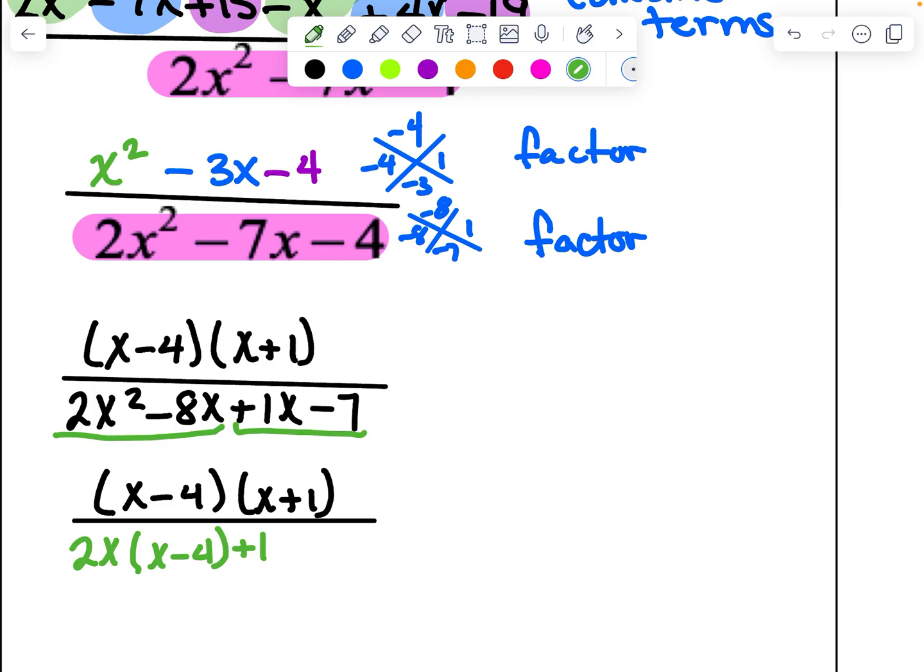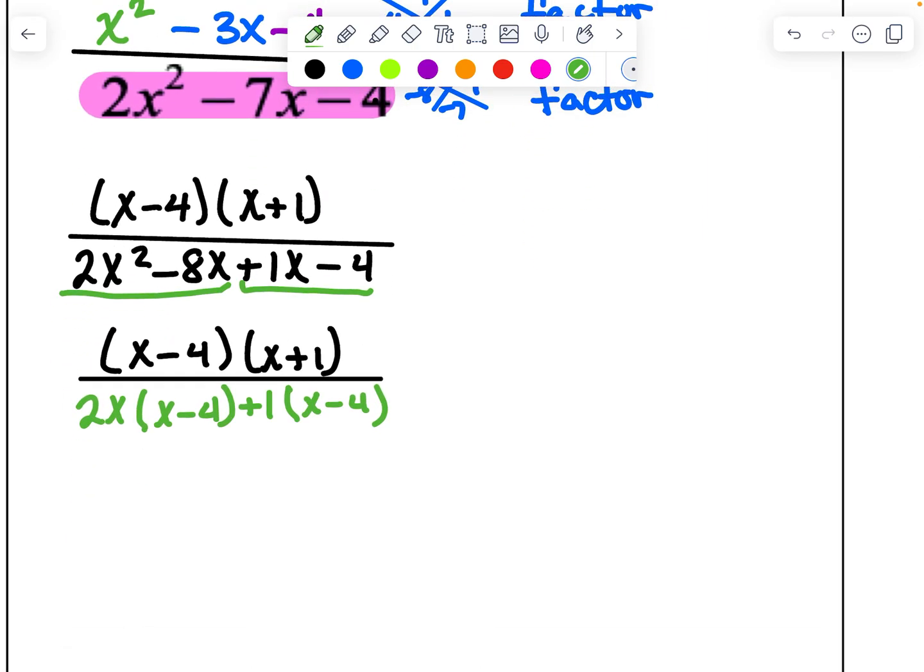Let's see my mistake. Sorry, little error. That was a 4 here, that's a 4 here. My bad, friends. Which is going to be an x minus 4.